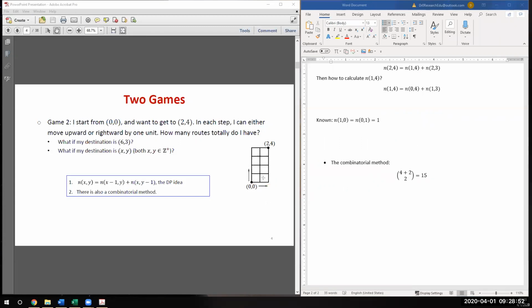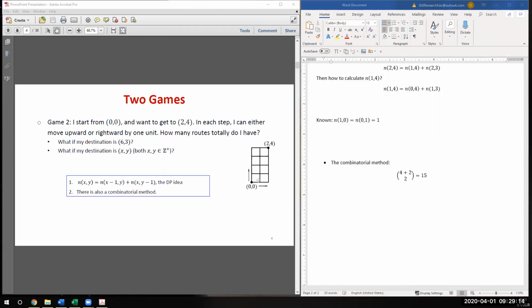Or for example, you say, hey, I don't like this route. I like another route. Okay, good. 1, for example, here, 2, 3, 4, 5, 6. Again, your total length is 6, right? So actually, no matter which way you go, your total length will be 6.